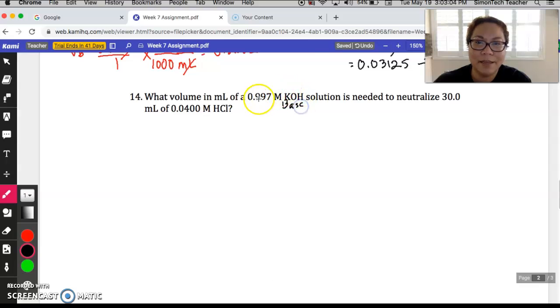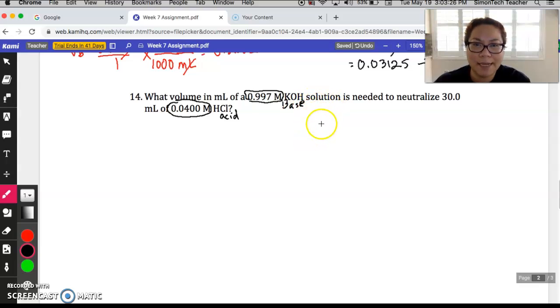Okay. And again, it looks like we're going to have to deal with molarity here. And the other one, HCl, hydrochloric acid, is your acid. And also, we've got the molarity for that one also. So the question is, what volume in milliliters of this base?